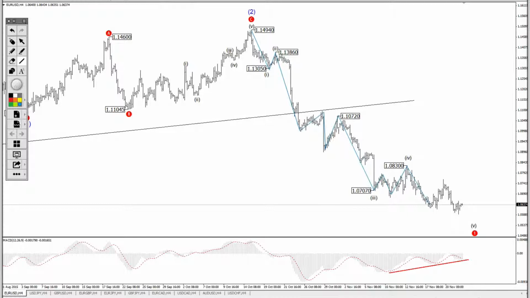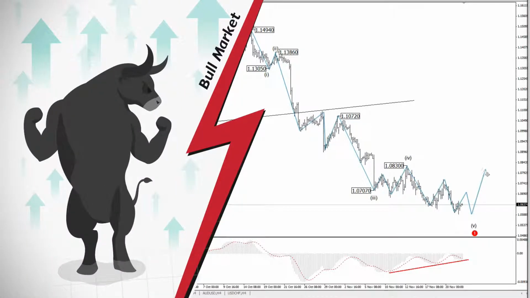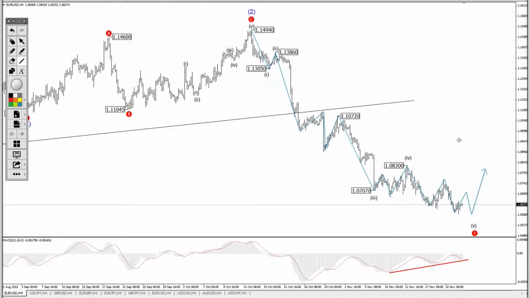So we can draw it here. The first two waves are now done, and we are possibly forming the third. Then we would see a wedge-shaped formation down to wave 5 and then a strong move to the upside for the corrective wave 2, which would then start a larger corrective phase on this pair.